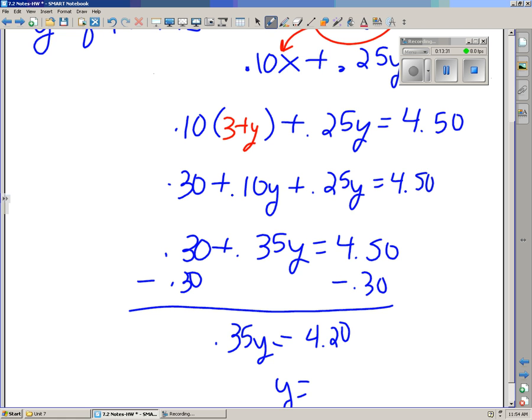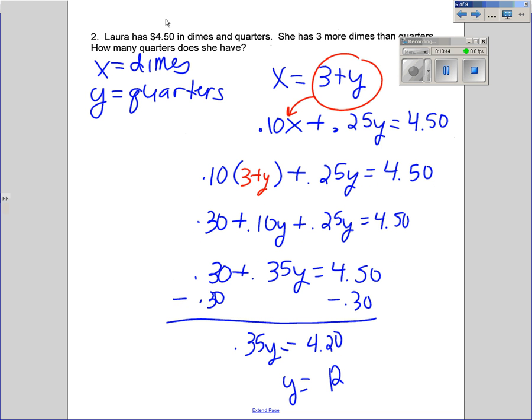Divide both sides by 0.35 and you get y equals 12. It's asking you for how many quarters you have. Well, that's what the y value is. While we could answer the question for dimes and quarters, it just wanted quarters. It just wanted the y value, and so we know for sure that we have 12 quarters.